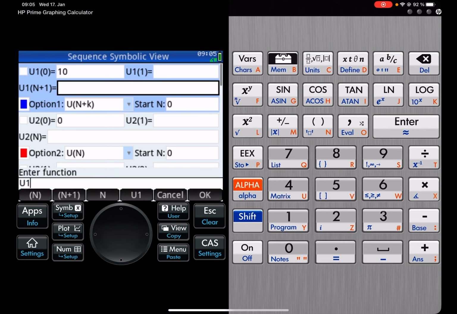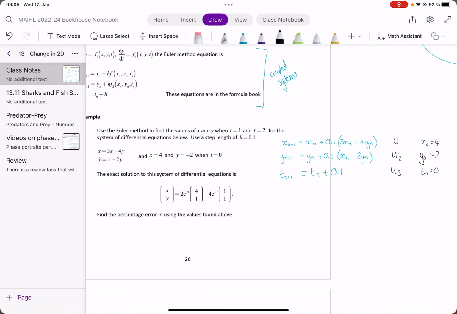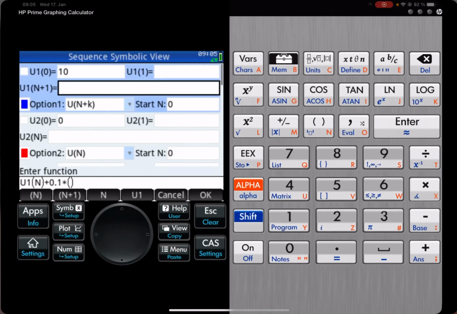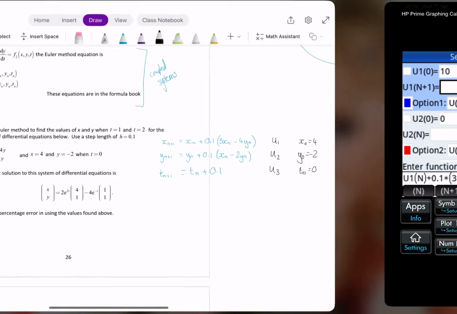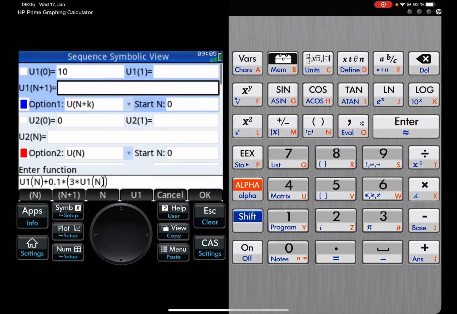So it was xn plus 0.1 times, and I've forgotten this, 3xn minus 4yn, so 3xn. xn is going to be found in the u1, minus 4yn, so minus 4 times, and then y I'm putting in u2. And I wrote that down in my workings as a reminder to myself.